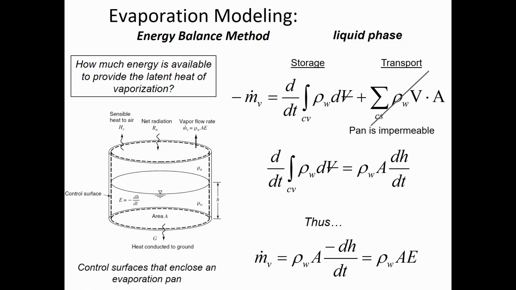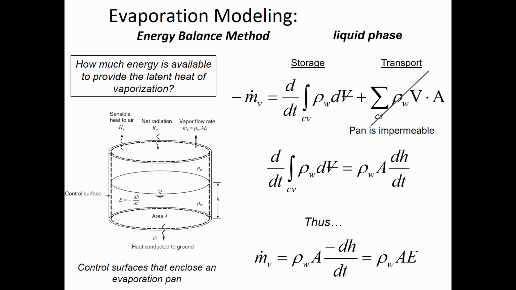So if we rearranged that, what we could come up with as a conclusion is that there's some pan area, the surface area that the water is evaporating over, and if you multiply the area and the evaporation rate by the density of water, then that is the rate that the mass of water is vaporizing.